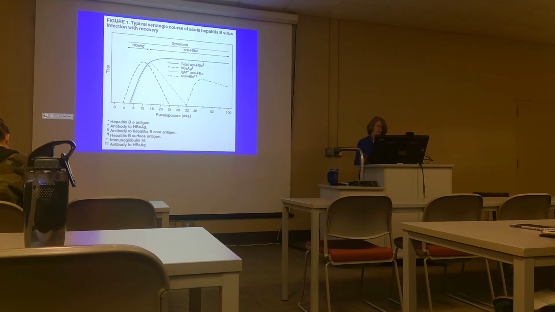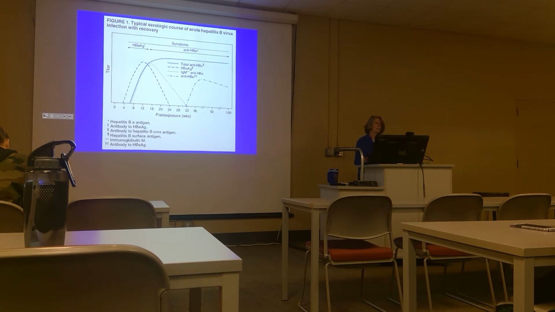Okay, here we go. The 3 antigens are hepatitis B surface antigen. This is the outside of the virus. And there's a hepatitis B core antigen, which is obviously the core of the virus. And then there's a hepatitis B E antigen, which is also in the core of the virus.